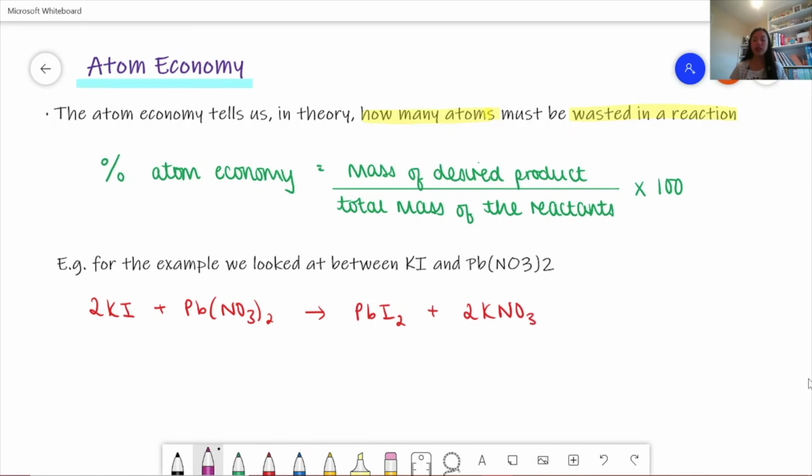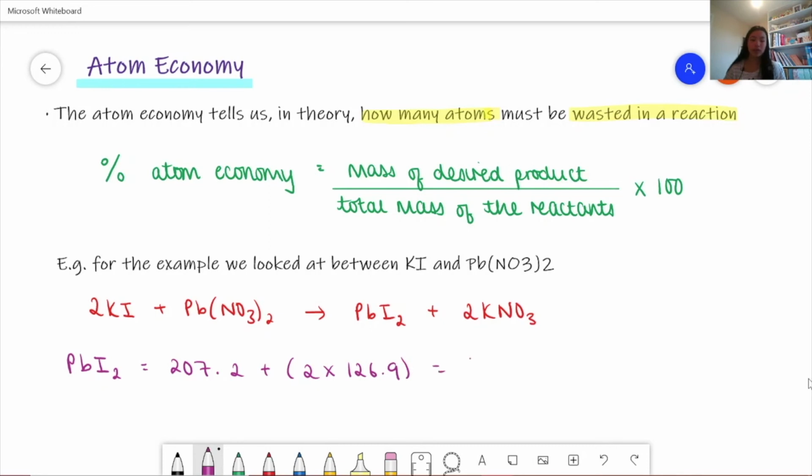And so the first thing we do is work out all of the masses of the desired product and the reactants. So we have that PbI2, which is the lead iodide. The mass of this is equal to its MR. So we have lead, which has an AR of 207.2, and then we add 2 times the iodine, which is 126.9.